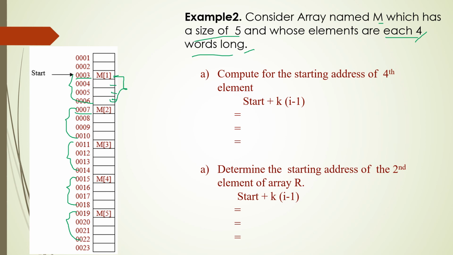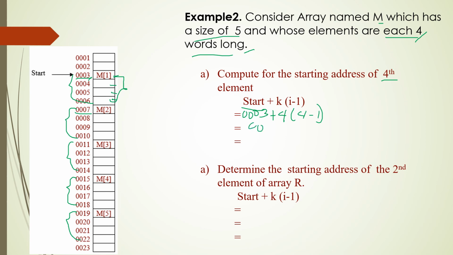Okay? So, our start is the starting address of the first element. So, first element is at 0003 plus. Our k is the words long. Okay? So, we have 4 words long. And then i is our desired position. So, 4 minus 1.